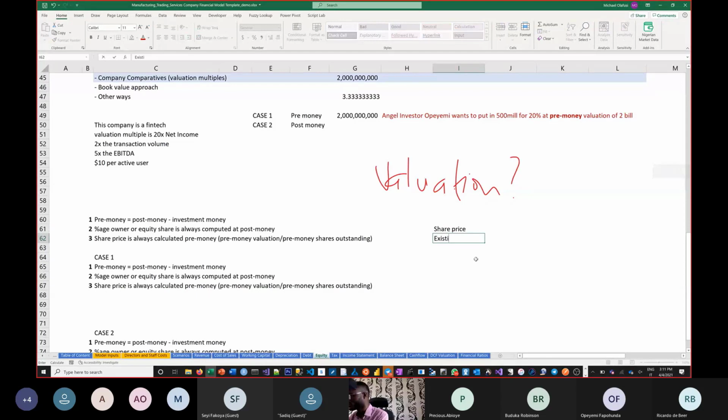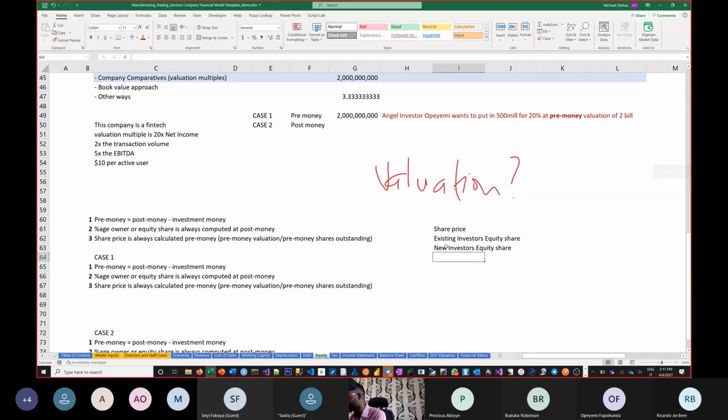We need to calculate the existing investors' equity share, and the new investors' equity share.